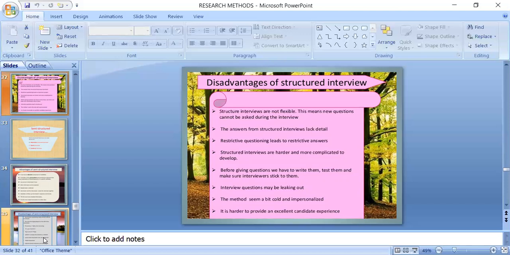So it uses highly systematic techniques for recording, and it also uses a quantitative research method for the purpose of a survey. So this was all about structured interview.